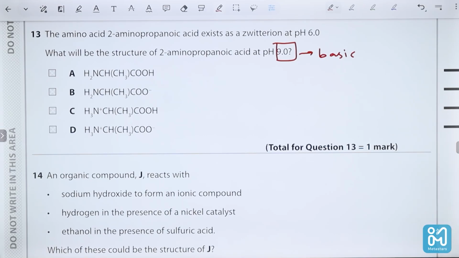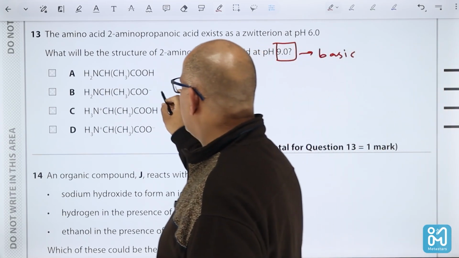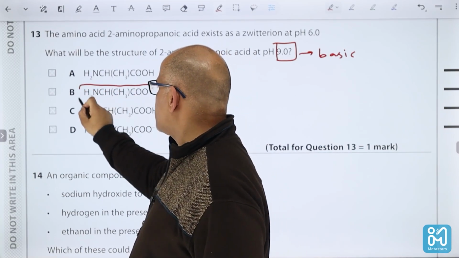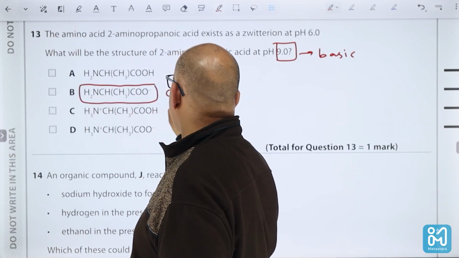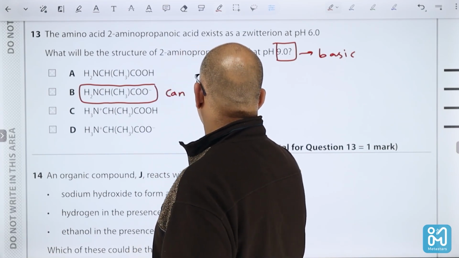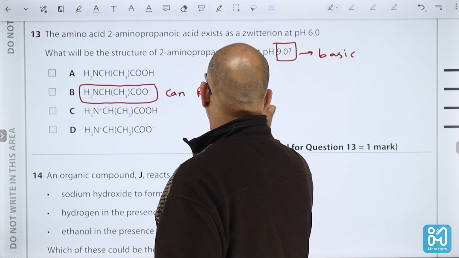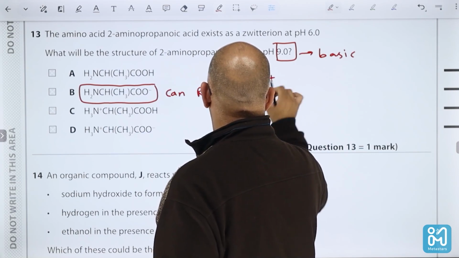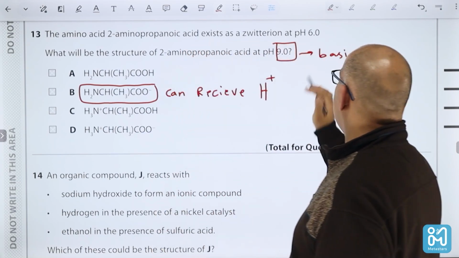So the first one is the neutral one, and the second one is negatively charged, so it is in basic form.